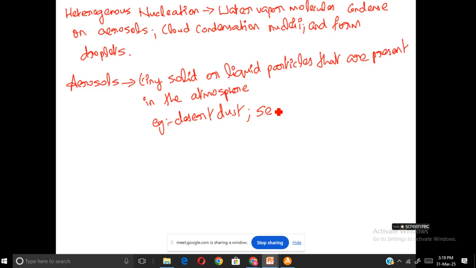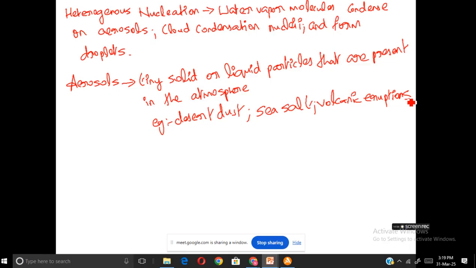Then sea salt is an example of aerosols. Then during volcanic eruptions also a large amount of solid particles is released into the atmosphere. These particles remain in the atmosphere and they modulate the Earth's climate. So these tiny solid or liquid particles that are present in the atmosphere are basically known as aerosols.